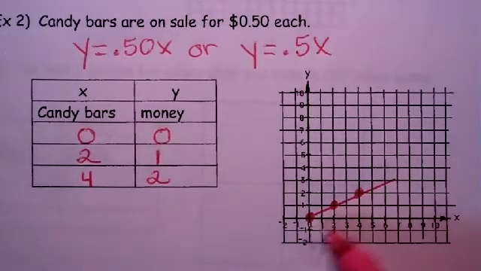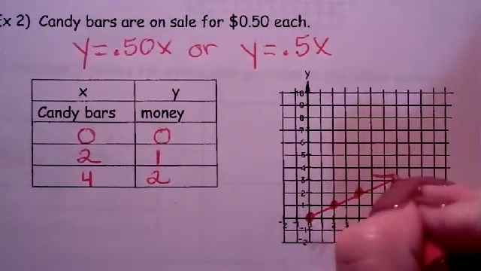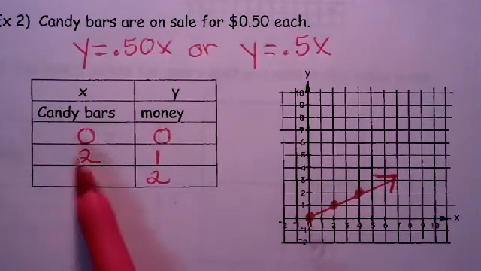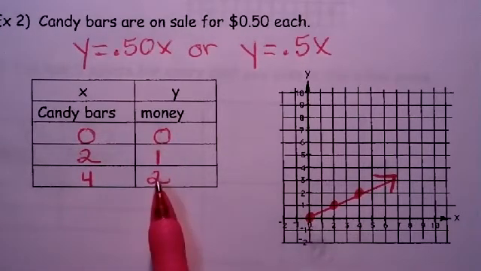But I can keep buying more and more candy, so I can put an arrow there. Okay. Now, again, remember, why did I pick this one? To remind you, especially if you're dealing with decimals and fractions, pick values for x that are going to lead you to whole number or integer values for y so you don't have to graph decimals or fractions.